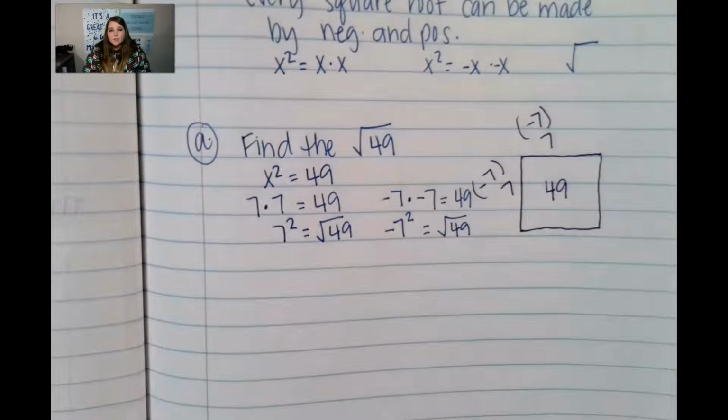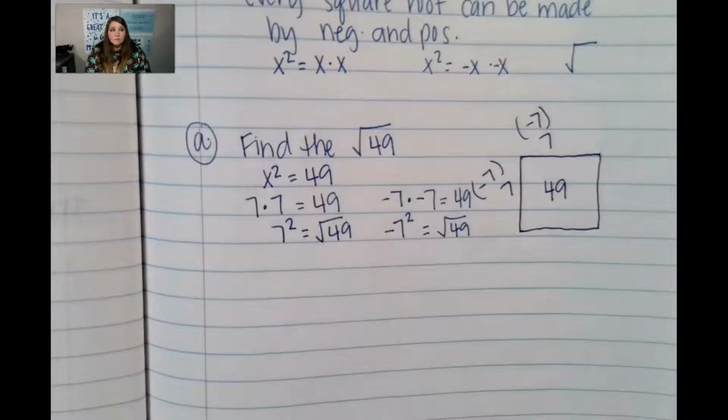So if we had 2 squared, 2 squared would give us 4. And so the square root of 4 is 2, or negative 2. If we had 3 times 3, that would give us 9. So the square root of 9 is either 3 or negative 3.